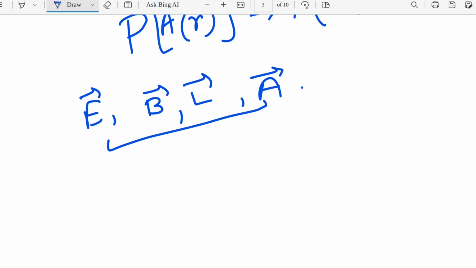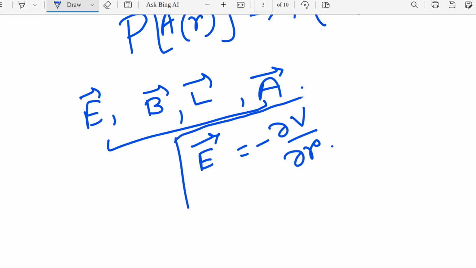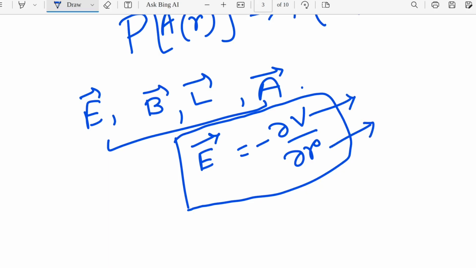For that, we have to write some expressions for E in terms of R. It is not exactly Maxwell's equation, but a very simple electrodynamics expression: E equals minus del V del R, where V is the potential and R is the distance or space.